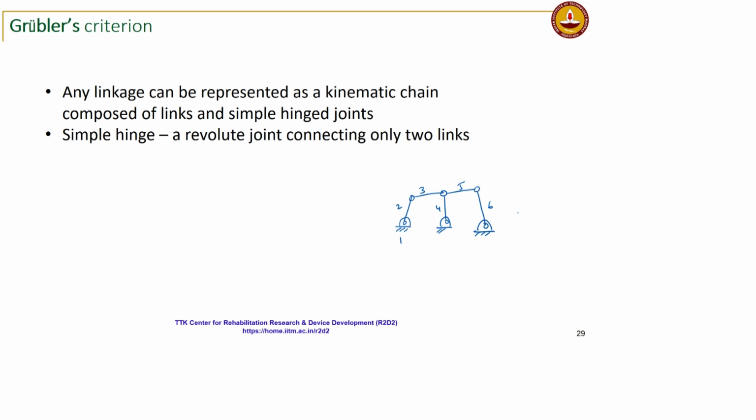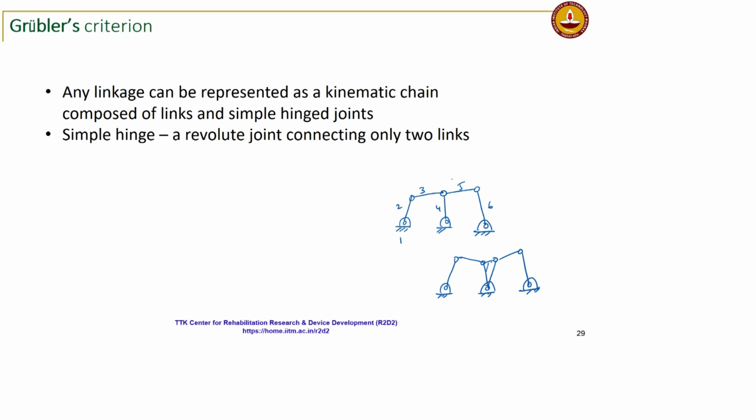This is a 6 bar mechanism. I want to represent this with only simple hinge joints. Here I have what is known as a multiple joint. I have 3 links coming together at this joint. So, when I do my mobility calculation, I would count 2 links here. I do not want to do that, I want it to have only simple hinge joints, in which case I would redo this mechanism like this.